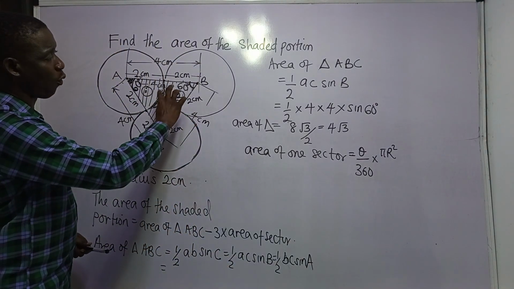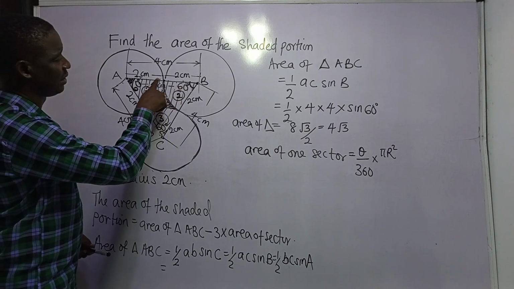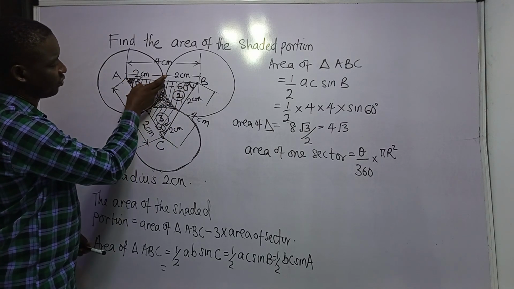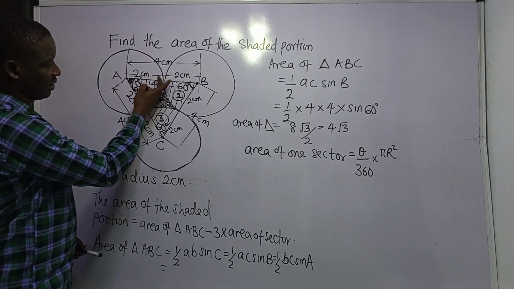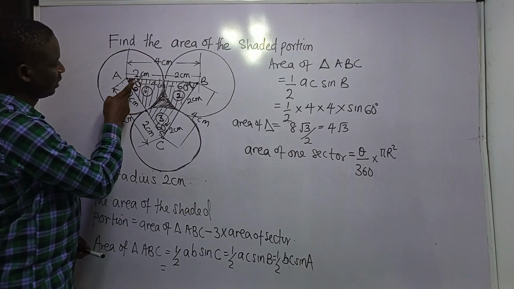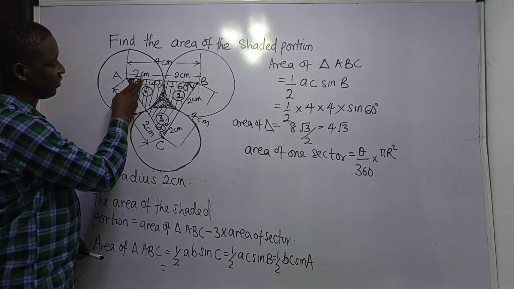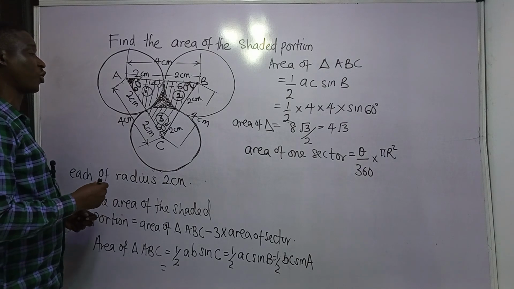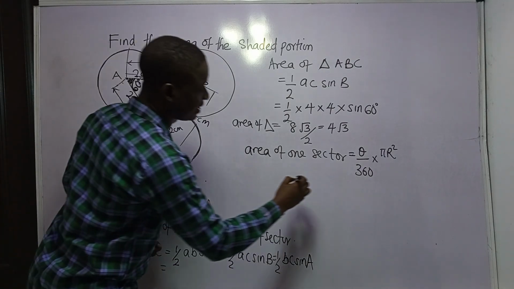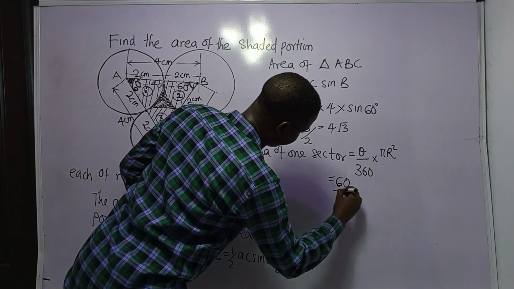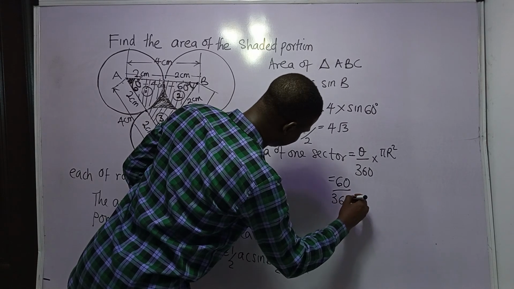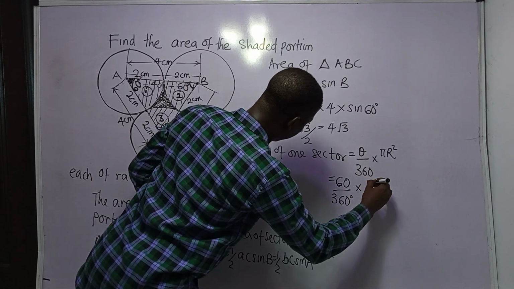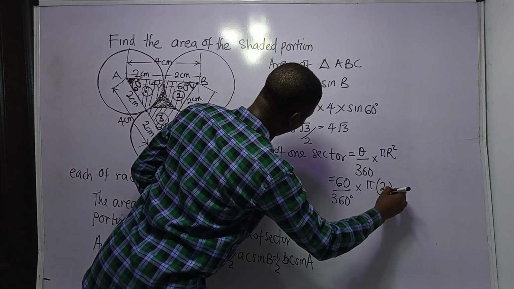So in that case, what I'm going to do, for one of the sectors, let me take this for instance. Radius is given as 2. The angle in between them, that means the angle that the sector subtends at the center, is 60, divided by 360 degrees, times pi times 2 all squared.